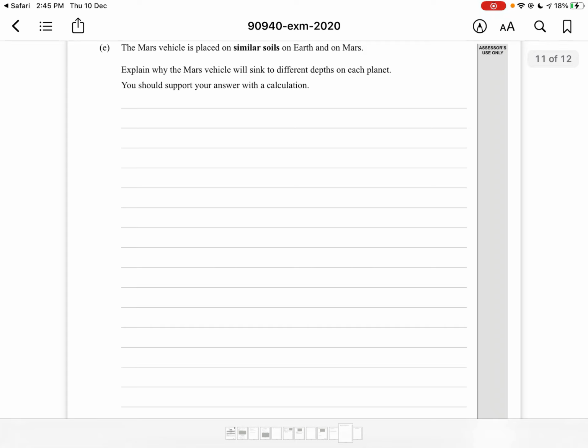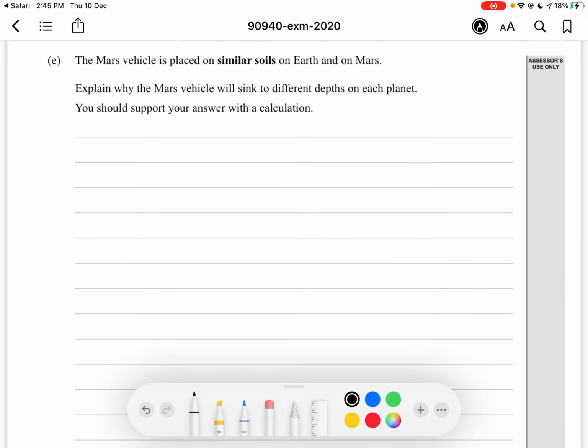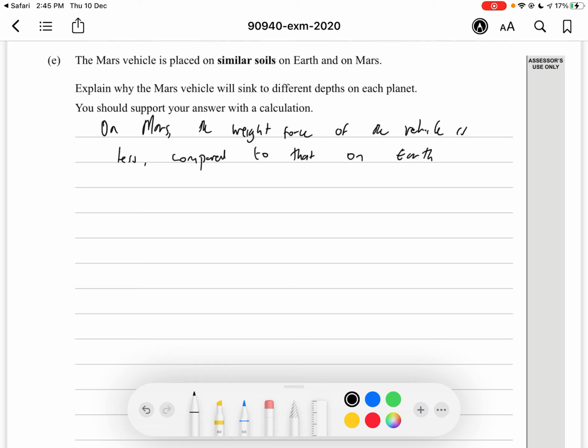So, the Mars vehicle is placed on similar soils on Earth and Mars. Explain why the Mars vehicle will sink to different depths on each planet. Since the soil is the same, we can assume that all the physical quantities of that soil are similar. So on Mars, the weight force of the vehicle is less.